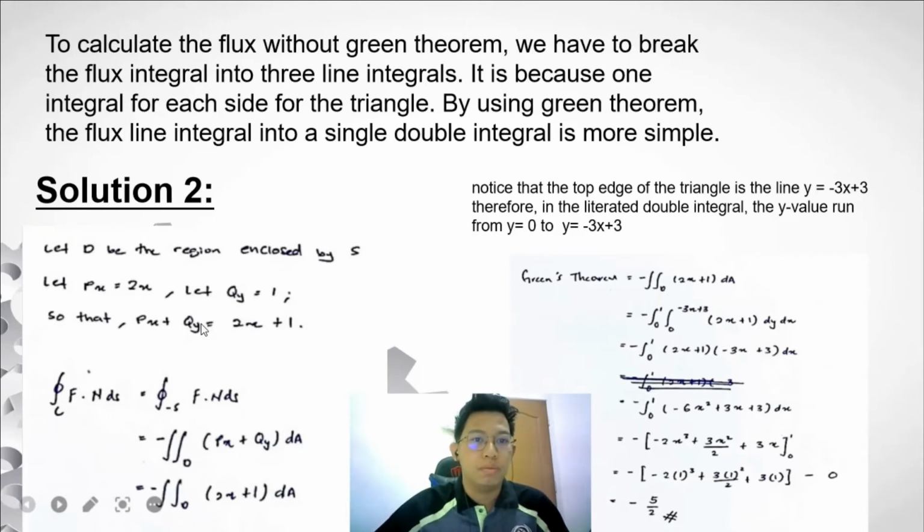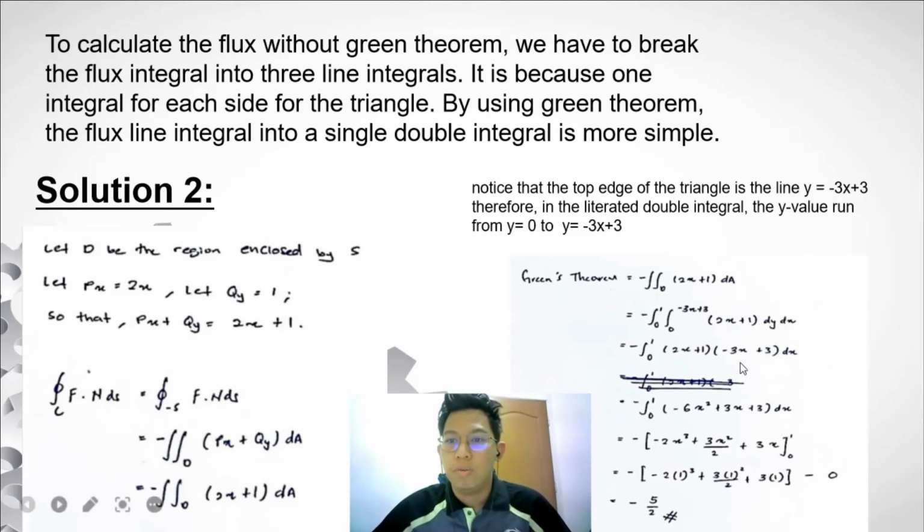After we convert from P_x plus Q_y using Green's theorem, we get a negative double integral of x plus 1 dA. Notice that the top edge of the triangle is the line y equals negative 3x plus 3. Therefore, in the iterated double integral, the y value runs from y equals 0 to y equals negative 3x plus 3. We do the first integration to negative 3x plus 3 and we get negative 6x squared plus 3x plus 3.